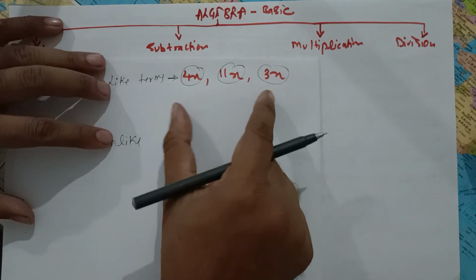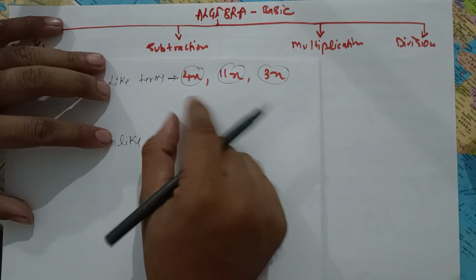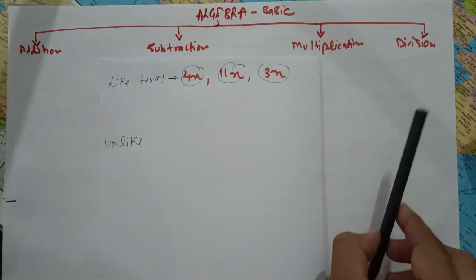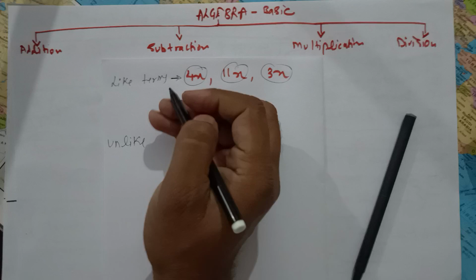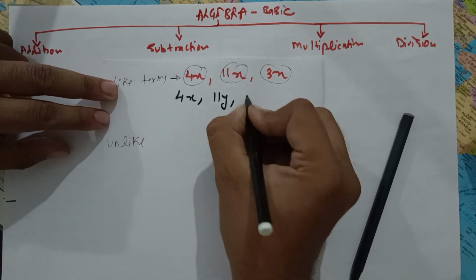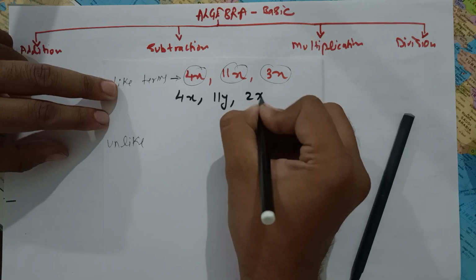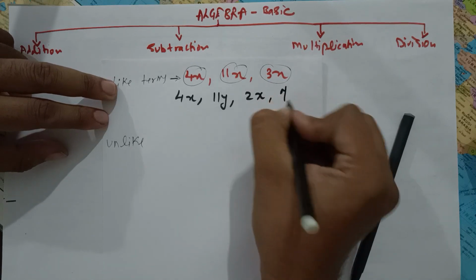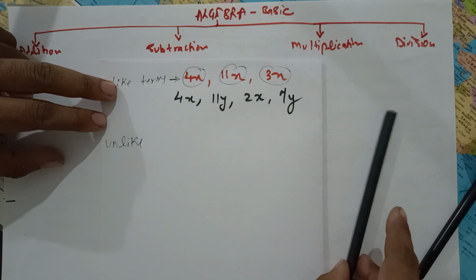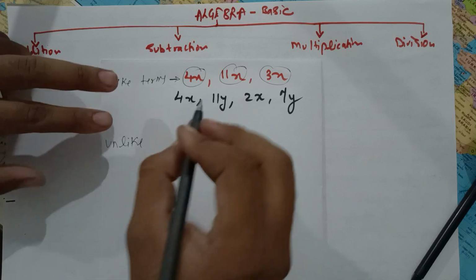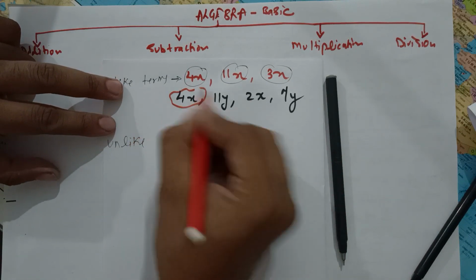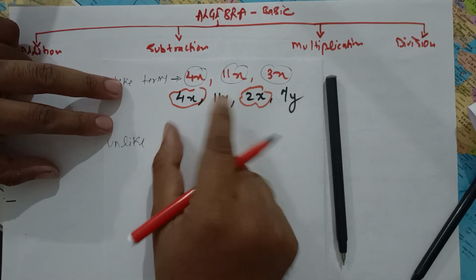If we have to find like terms among many terms, now you find the like terms only. Here we can see 4x and 2x. Yes, they look the same because the alphabets are the same.